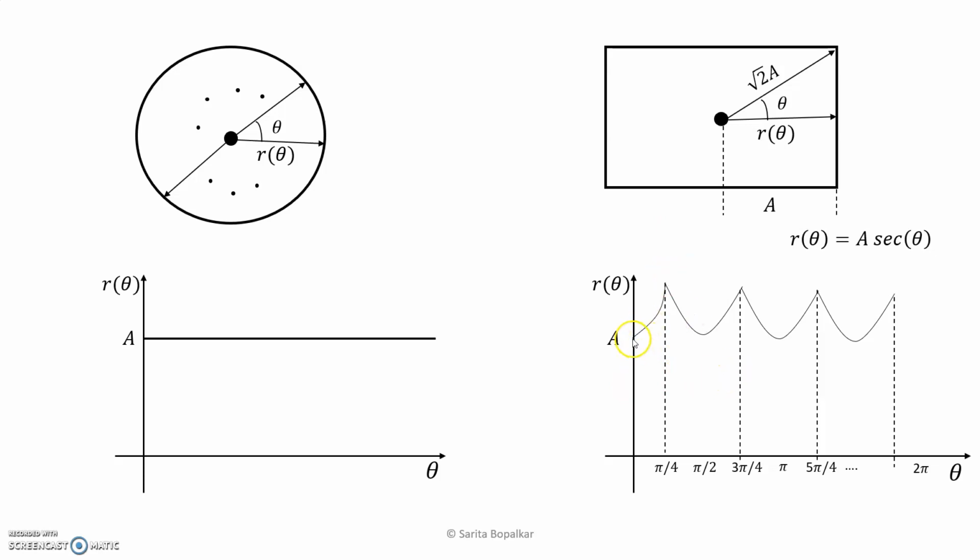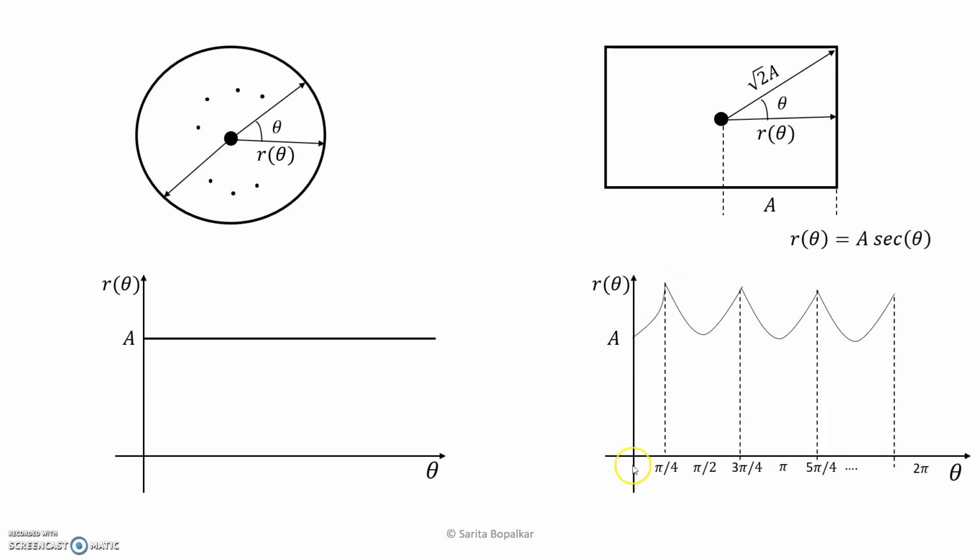And here we will find that at theta equal to 0, theta equal to pi by 2, theta equal to pi, the amplitude is a. The angles pi by 4, 3 pi by 4, 5 pi by 4 give you the corners, which is the maximum amplitude, the maximum r of theta, root 2a.